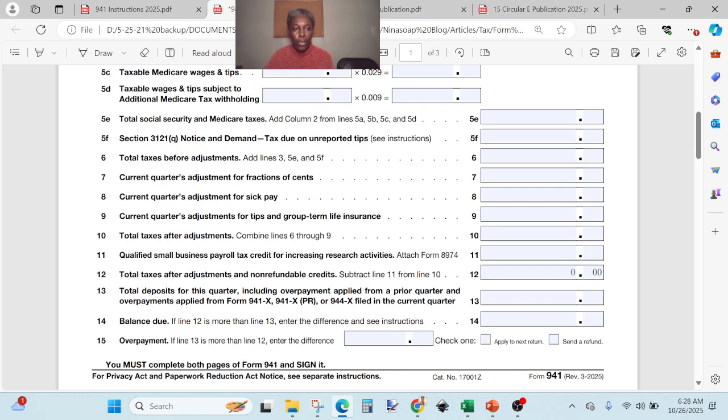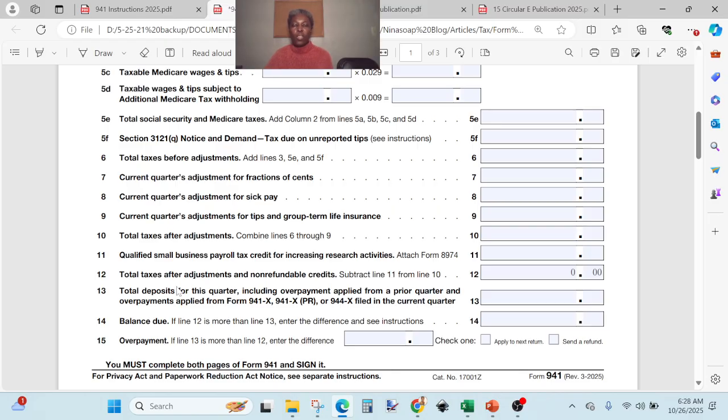So line 12 is taking line 10 minus line 11. That is total tax after adjustment and non-refundable credit. It will give you line 12. If line 12 is 0, you'll actually put 0 there, and that's what we did here.